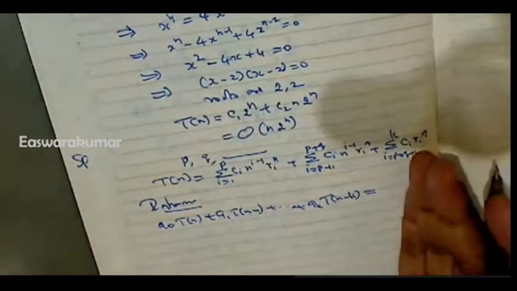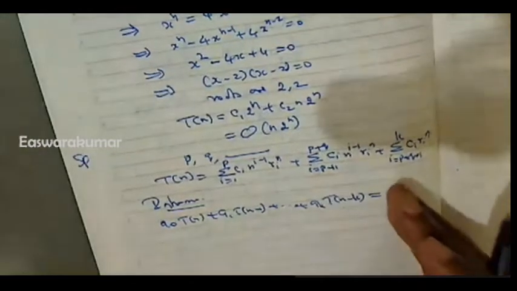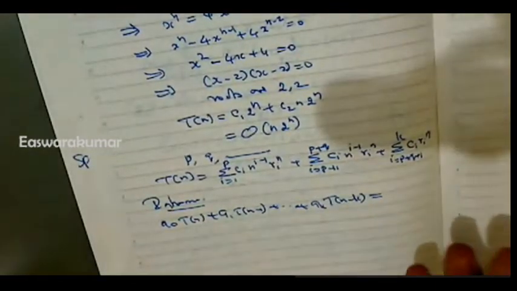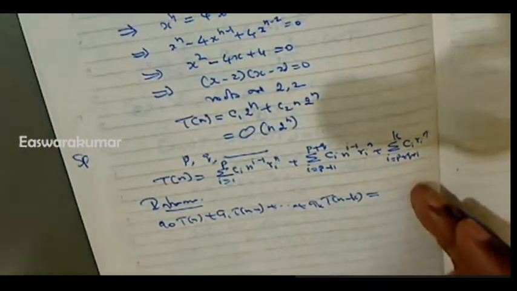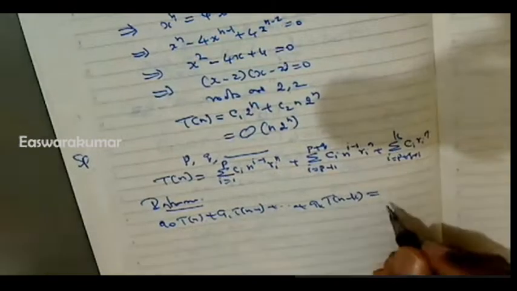Once you bring all the terms containing the function to the left side, something other than 0 will be there on the right hand side. That is called inhomogeneous.